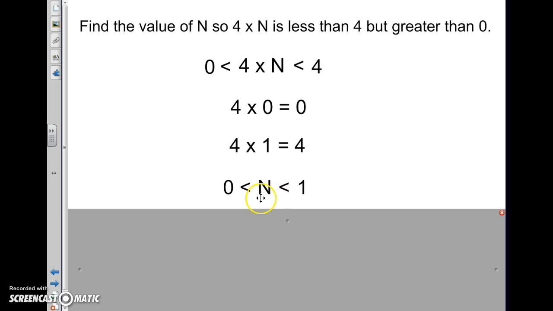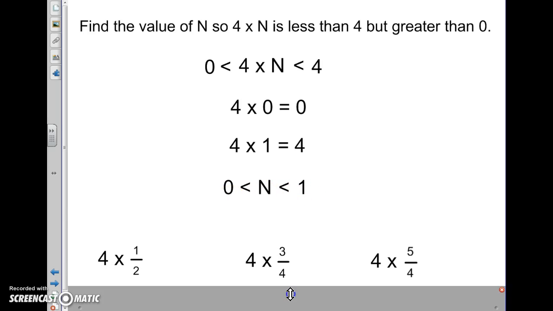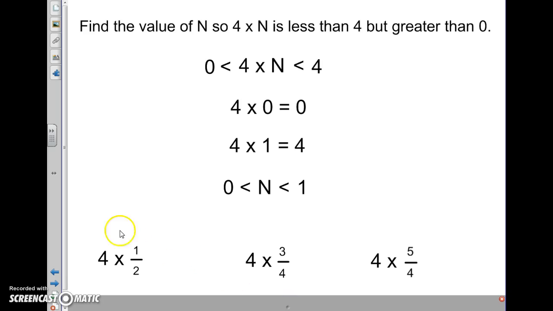Fractions, regular fractions I should say, regular fractions are greater than 0 and less than 1. So let's look at some of these examples. Is 1/2 a regular fraction? A regular fraction means that the numerator is smaller than the denominator. Yes, regular fractions are less than 1, so 1/2 is a regular fraction.